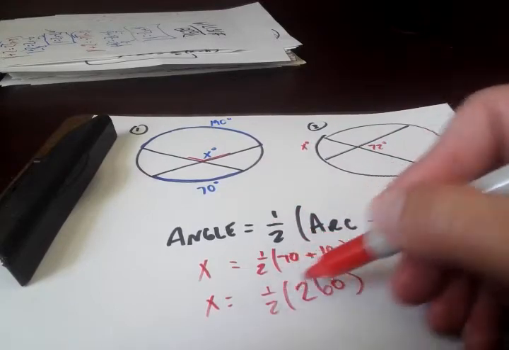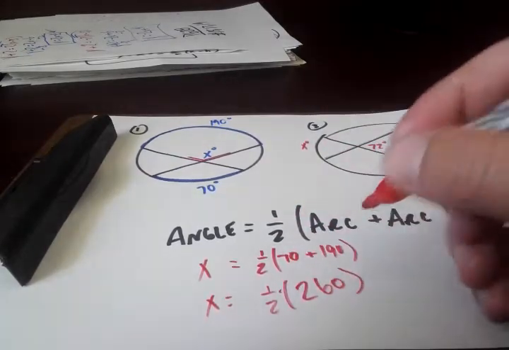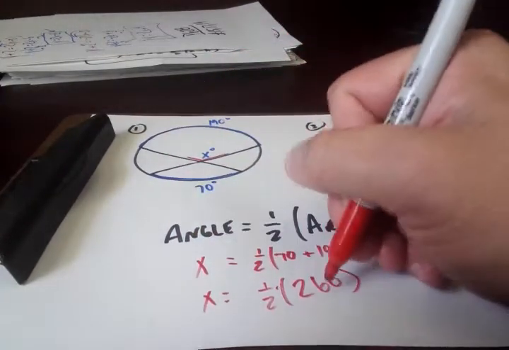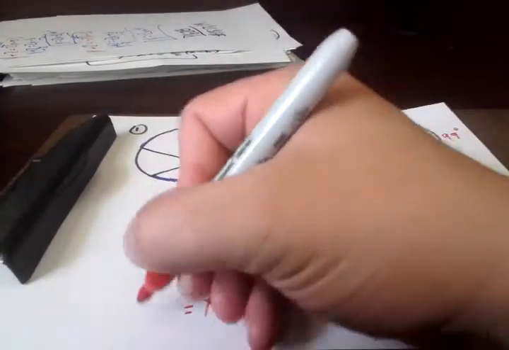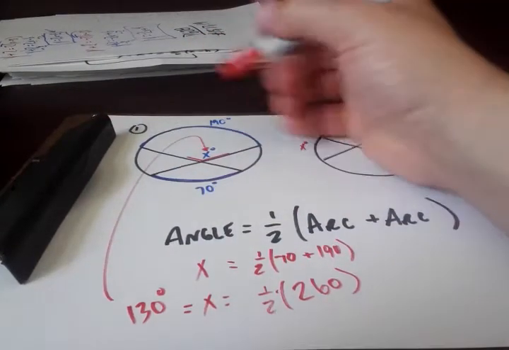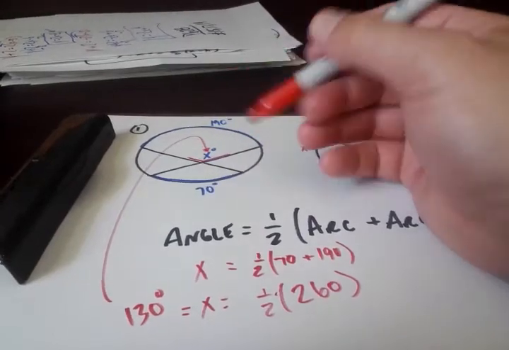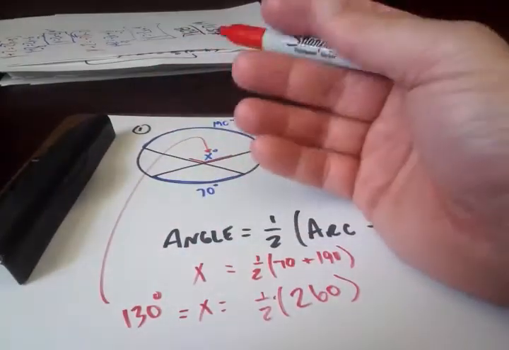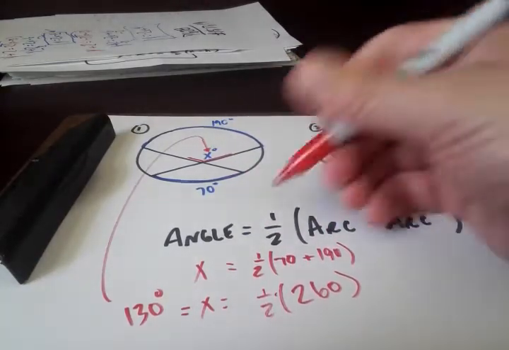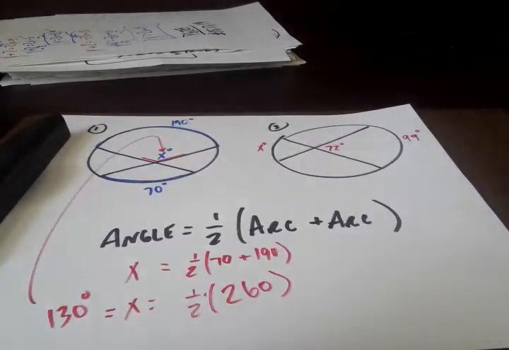Go ahead and divide that, or you can multiply 260 by 1/2, or divide it by 2. Either way, x should then equal half of 260, which is 130. Okay, so this is like the average, right? The average of 190 and 70 is 130. That's how we do the average here, because we have two things, we're dividing by 2.